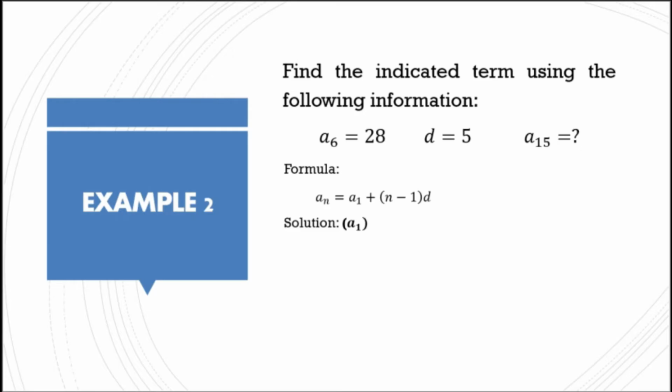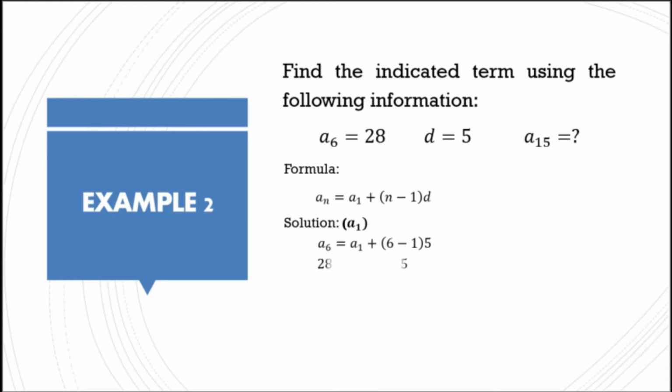We solve a sub 1 in terms of a sub 6 and d. So we have a sub n, which is equal to a sub 6, and the value of a sub 1 is unknown, so we write a sub 1 plus the value of n, which in this case is 6, minus 1 multiplied by the value of d, which is 5.